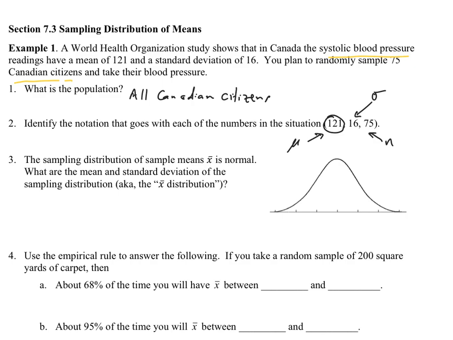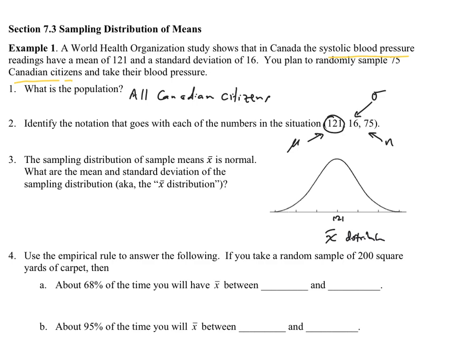The reason that it matters is that when we draw our picture of our X-bar distribution, the center of our X-bar distribution should be the mu. So the mean among all the citizens should be the center of our X-bar distribution.